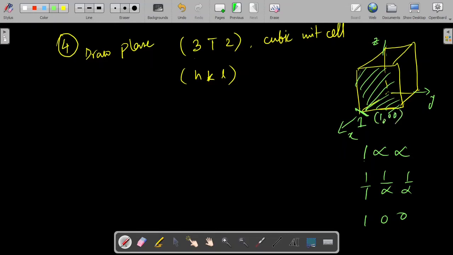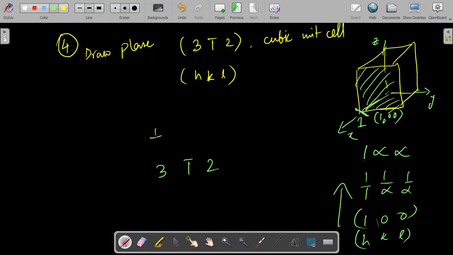So these are called the HKL values, or the Miller indices of the plane. Similarly here we are already given the HKL values. We have to find out the plane. So what you have to do is walk back. In this case we have 3, 1 bar, 2. Now whenever you have a bar, that means it's actually minus, right?